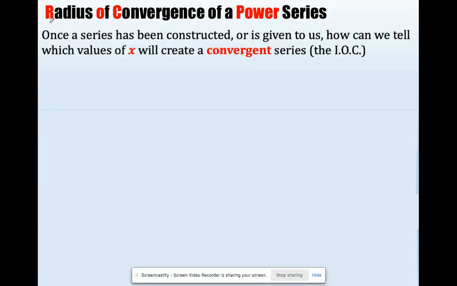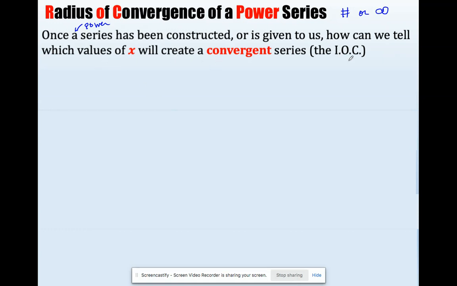Now, I want to go back to this idea of the radius of convergence of a power series. Remember, that is a number or an infinity. Once a power series has been made, so we've made it with our geometric series, power series form, or our Maclaurin series formula, our Taylor series formula, or somebody just gives us a power series, how can we tell what values of x will create a convergent series?